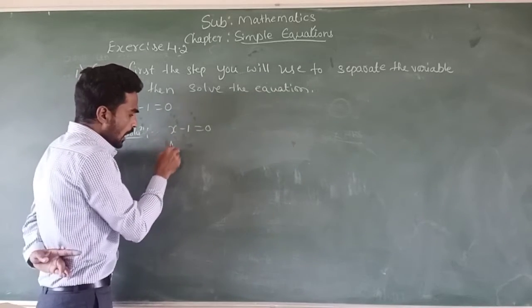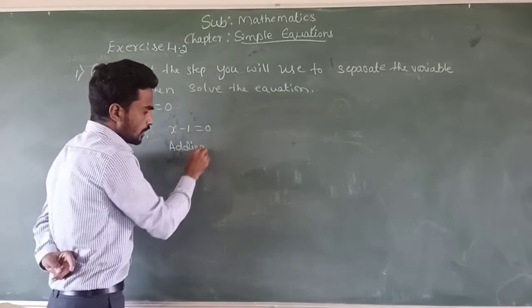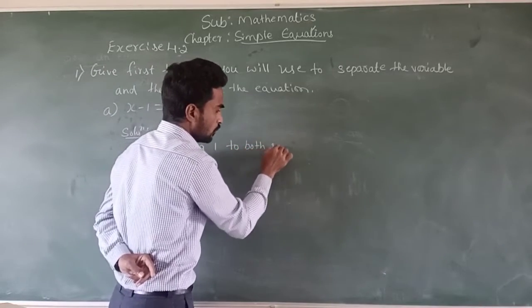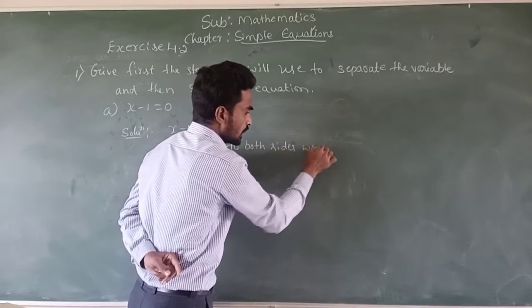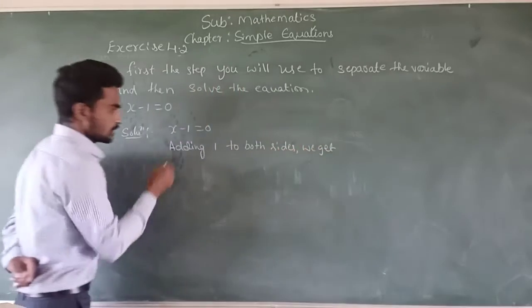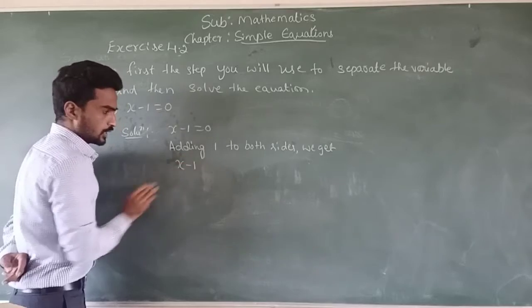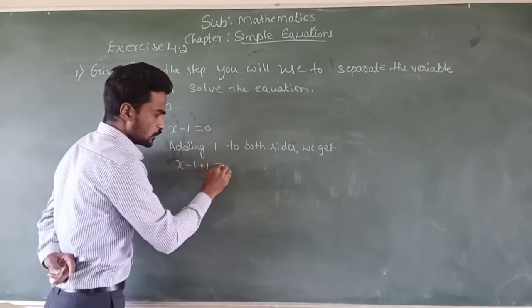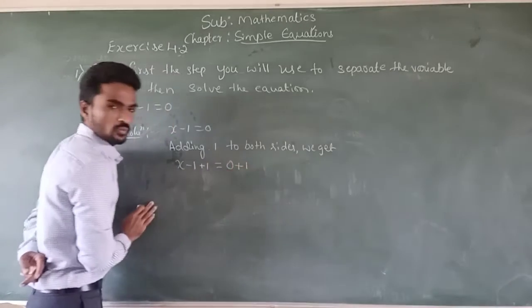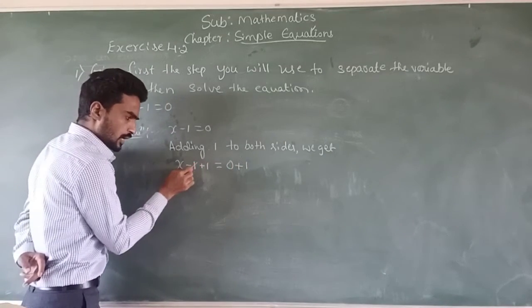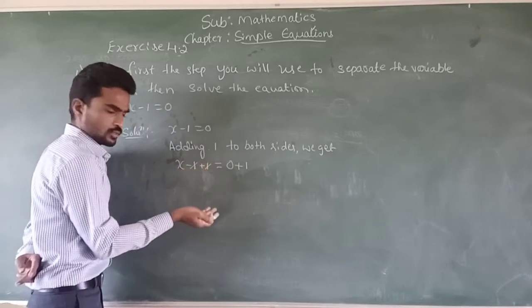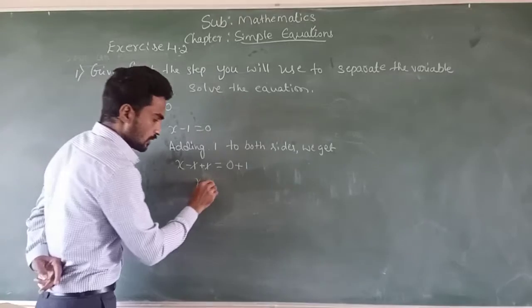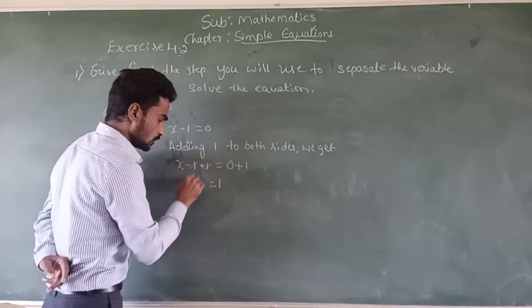Therefore adding 1 to both sides we get x minus 1 adding means plus 1 that is equal to 0 plus 1. Then this minus 1 plus 1 we get 0, x plus 0 again we get x, that is equal to 0 plus 1 that is equal to 1.